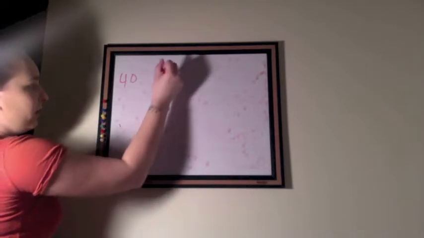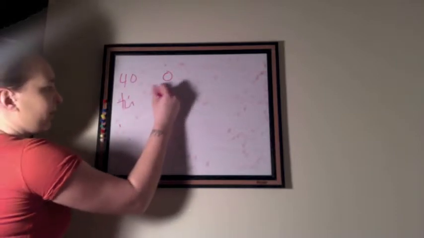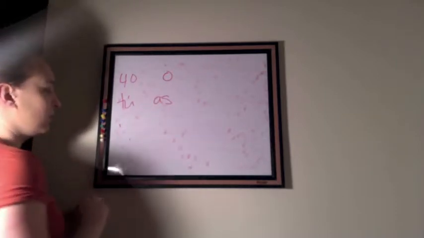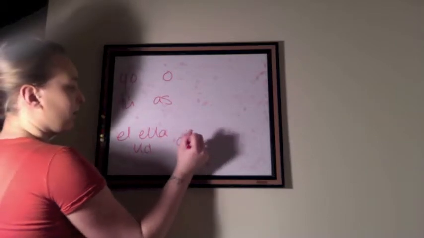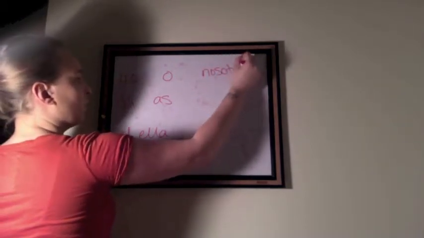So for the yo form, which is for the I in English, you add on an O. For the tú form, for AR verbs, you add on as. For él, ella, and usted, you add a. For nosotros, you add amos at the end.